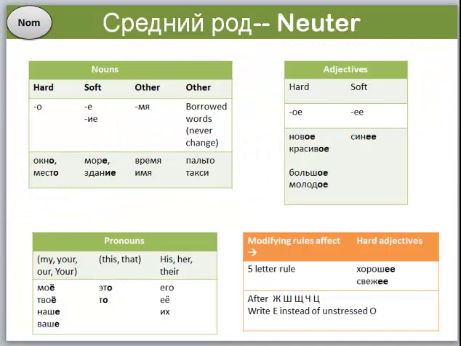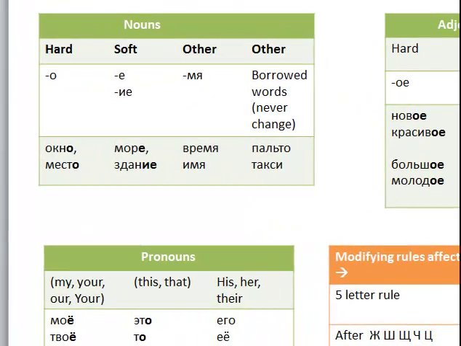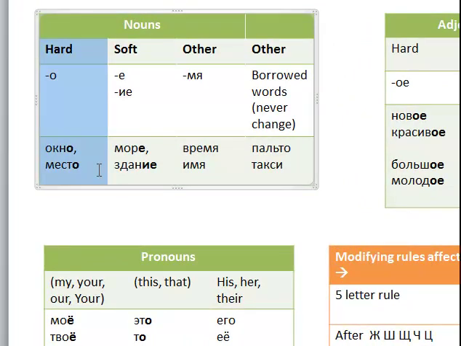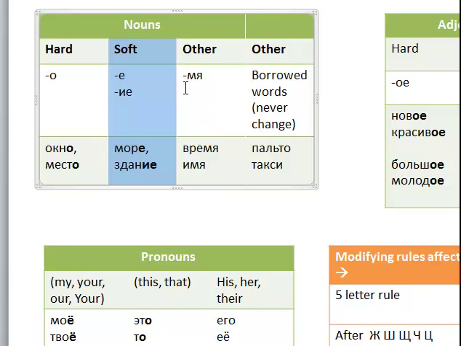And now let's review the endings for the neuter gender. The hard ending for the nouns is о, for example, окно, место. The soft endings for the nouns are either е or ие, for example, море, здание. There is another neuter ending that you should remember.